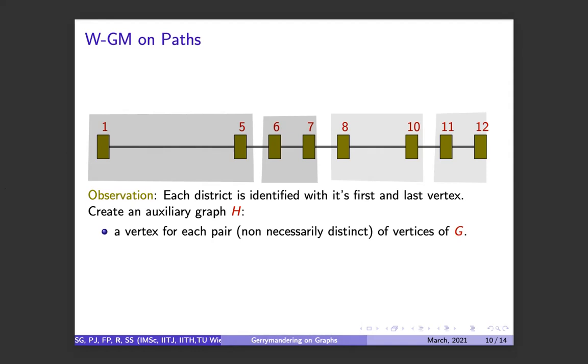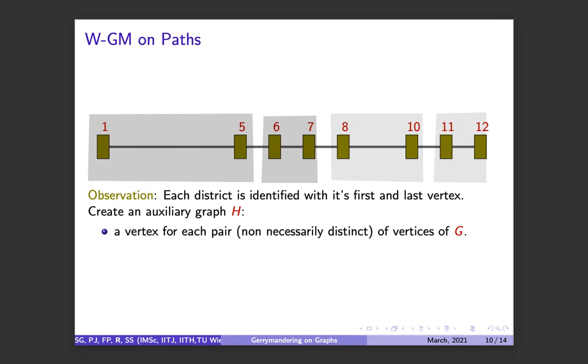If I say I have a district 1 6, that means the district starts at 1 and ends at 6. Or a district 8 10, that means it starts at 8 and ends at 10. So every pair of vertices can give me a district.